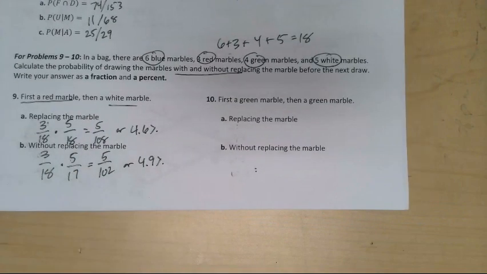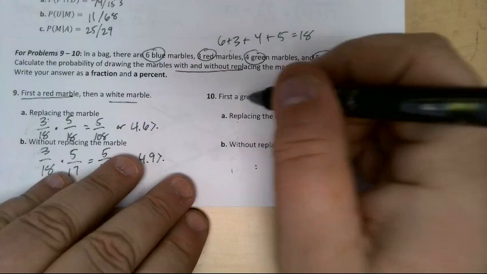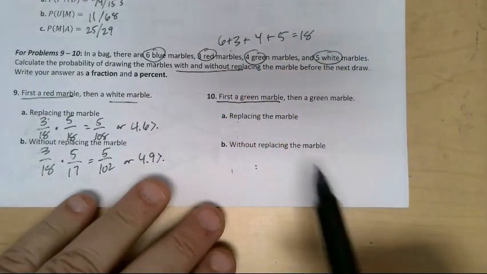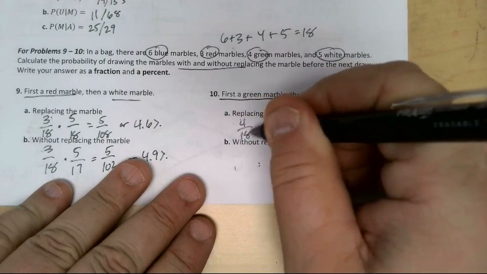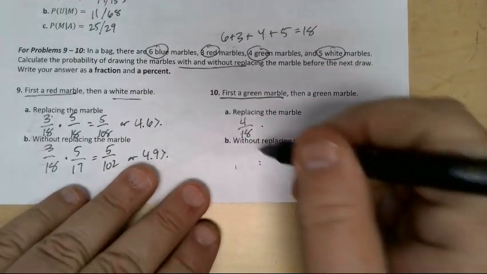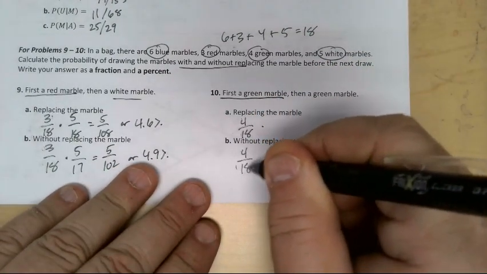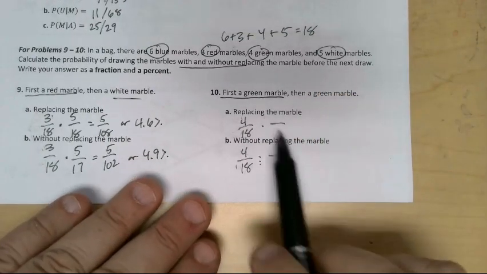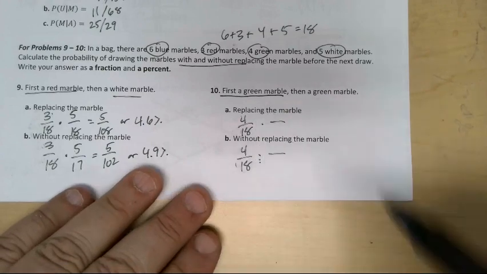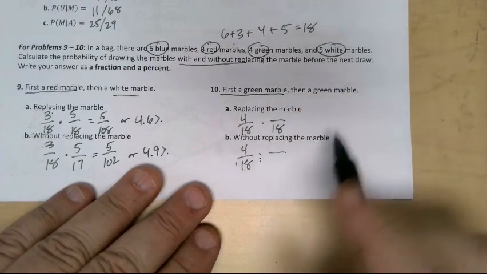Okay. And what about this one? First, a green marble. So what's the probability I draw a green marble? There are 4 green out of 18. And actually, it's going to be the same here because the first draw doesn't matter if I replace it or not. It's the second one that matters. If I replace it, then in the second one, there's still 18 marbles.